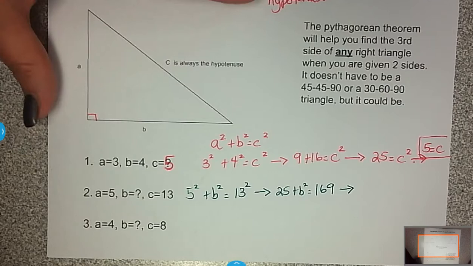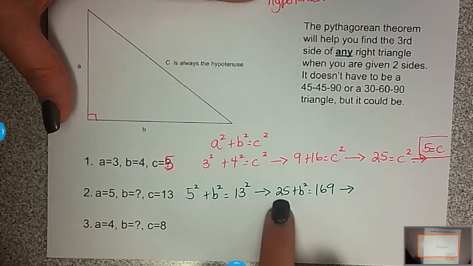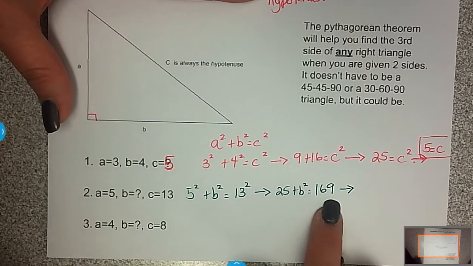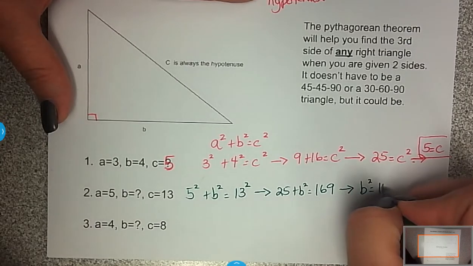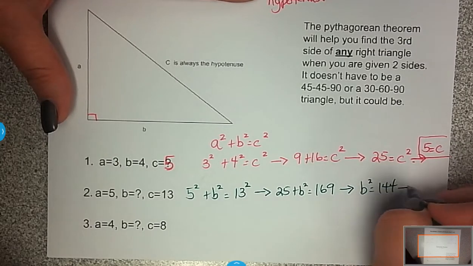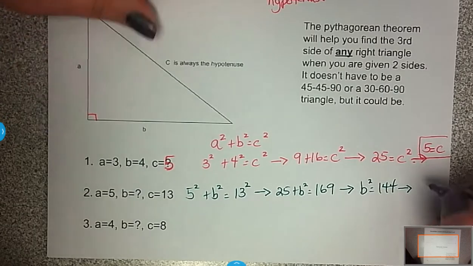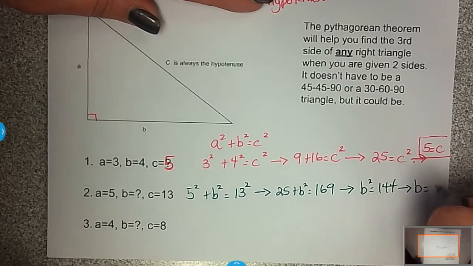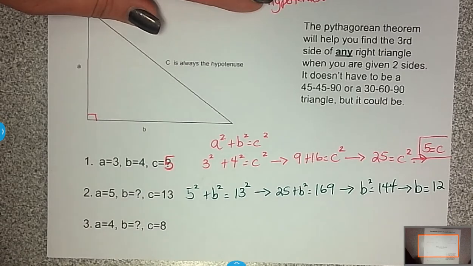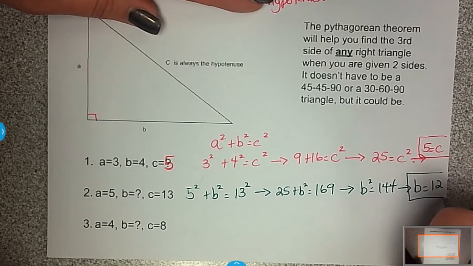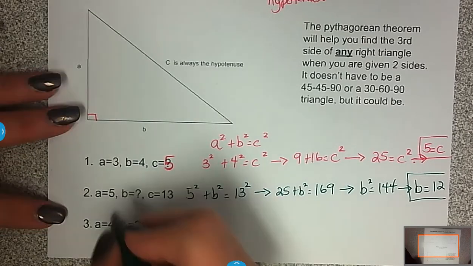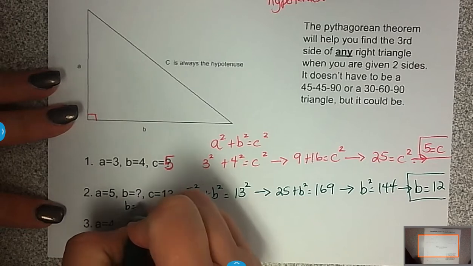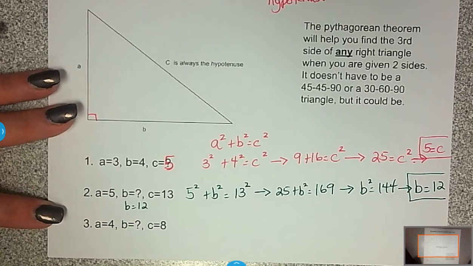And now I have to get b squared by itself. So I'm just going to subtract 25 from both sides. And I get b squared equals 144. Now, square root of both sides will give me b equals 12. And again, this is technically plus or minus 12, but it's the length of a side of a triangle, so it has to be positive. So b equals 12.